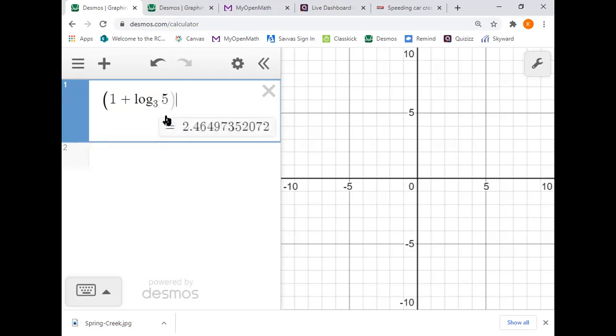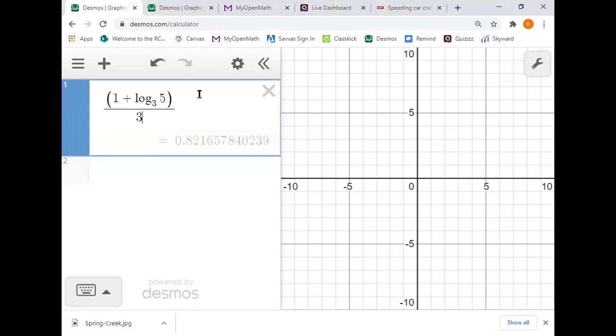Now that was my whole numerator, if you remember what I wrote. And then it was all over 3 is what I wrote down. Hopefully I copied that right. Divided by a 3, just like that.